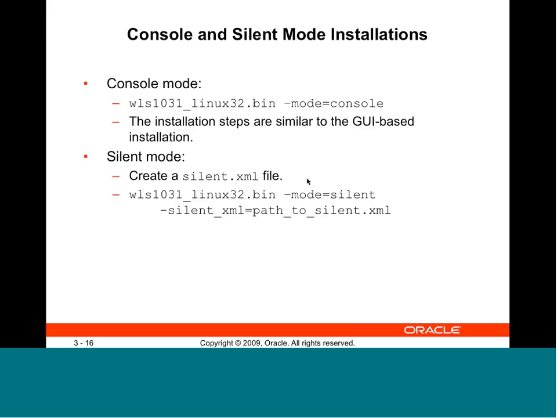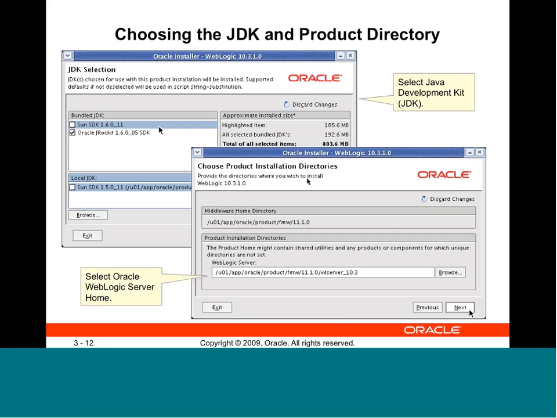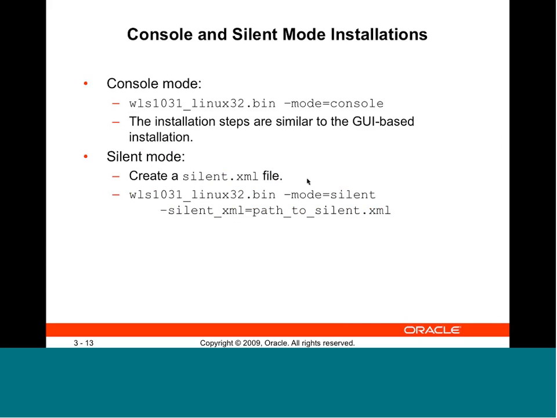For example, what all console components you need, which JDK you want to use, what will be the product home directory. All this will be specified in XML, right? Is that clear, Ehsan? So probably we will be trying out all three modes of installation. Good.